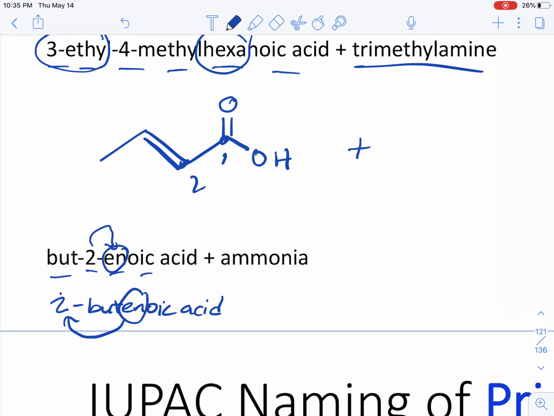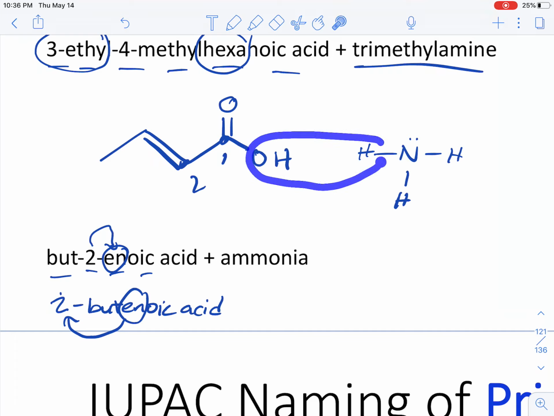And we're going to react this with ammonia, and ammonia is NH3. And so since there is at least one hydrogen on this nitrogen, this can undergo amidation such that this OH and H is going to form water.